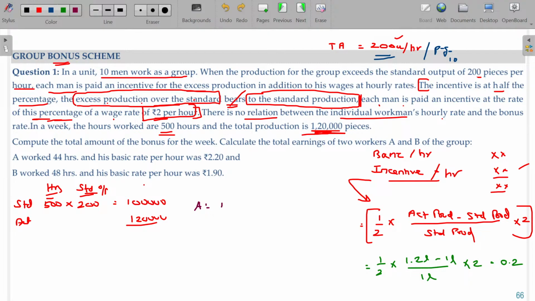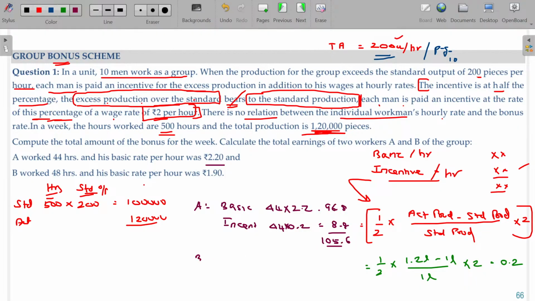Basic is 44 hours and his rate of wages 2.2. The final value is 96.8. And incentive is 44 hours worked into 0.2, which is 8.8. So the total is 105.6.